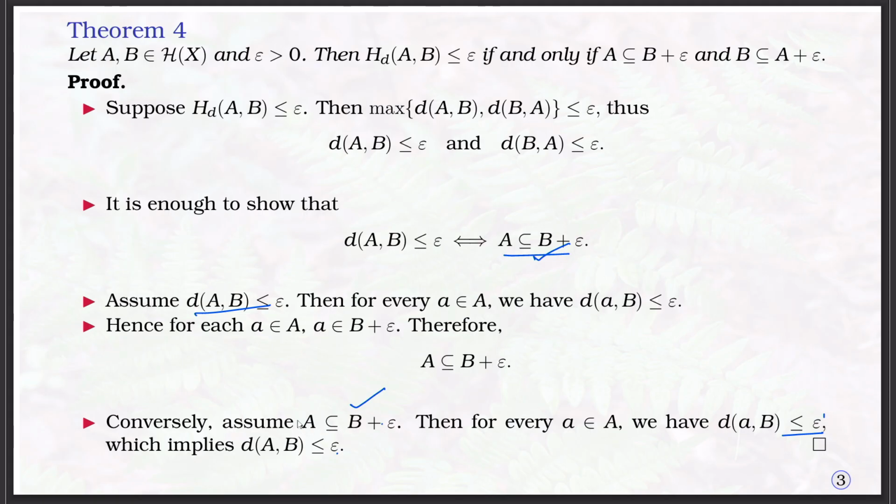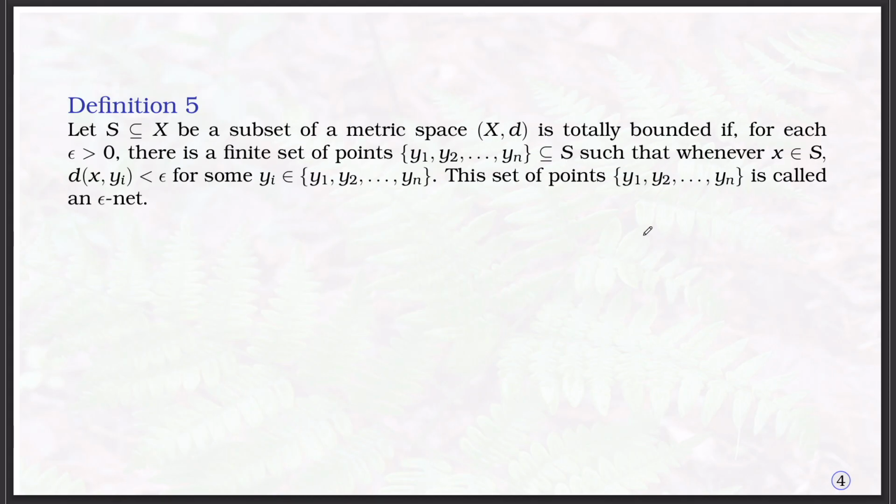If you are taking any element in A, it has d(a, B) less than epsilon, because any member of A is a member of the dilation B plus epsilon. Which implies that d(A, B) is less than or equal to epsilon. This proves that if you are taking any two elements A and B in H(X), the distance between A and B is less than or equal to epsilon if and only if A is contained in B plus epsilon and B is contained in A plus epsilon.